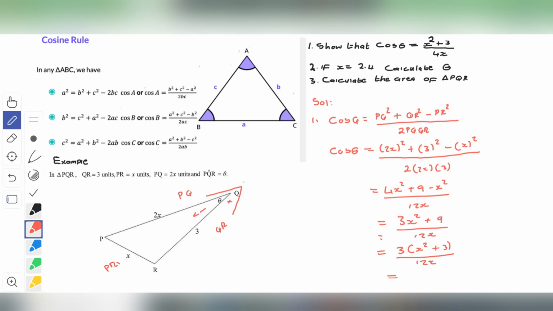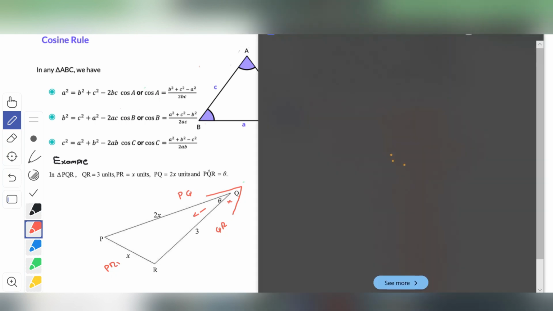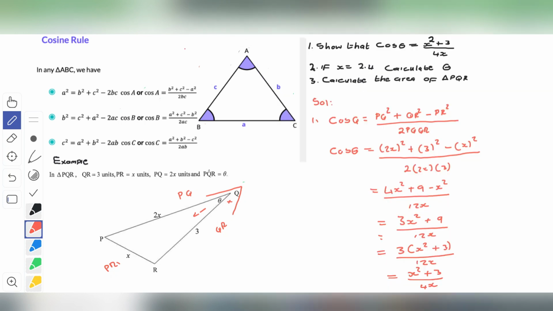So 3 divided by 12, let me check, is going to give us 1 over 4. So in simpler terms, we have x squared plus 3 all over 4x. Then we did prove, sorry for that, we did prove the cosine of theta, right?